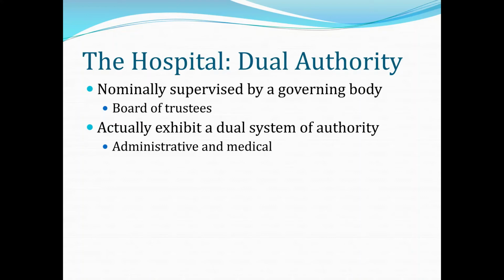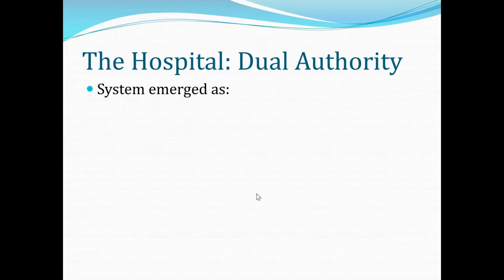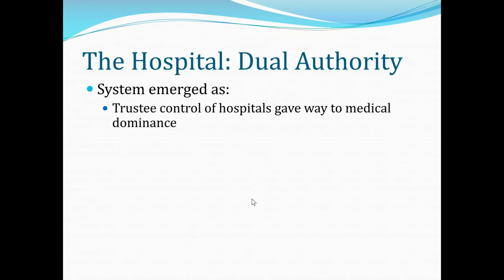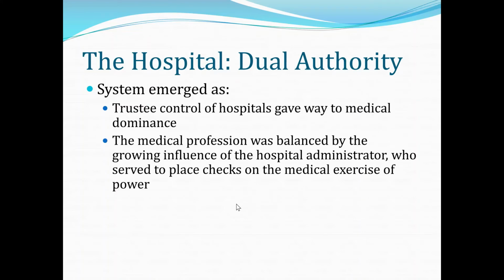So in a contemporary nonprofit community hospital, there exists a dual system of authority comprised of administrative authority and medical authority. And the system emerged as trustee control of hospitals gave way to medical dominance.